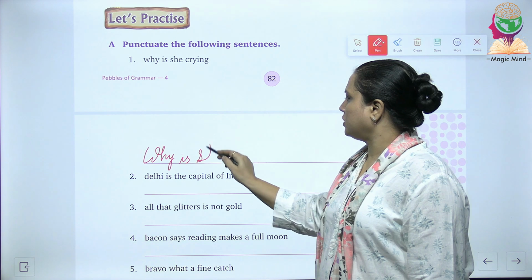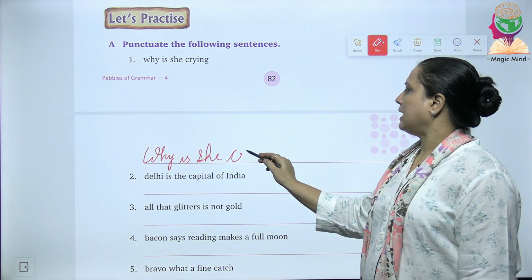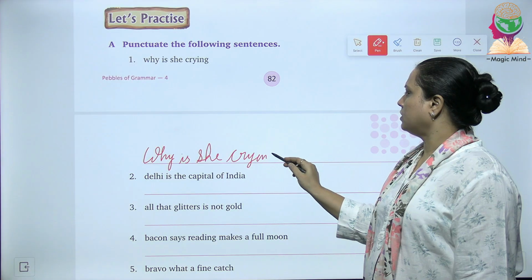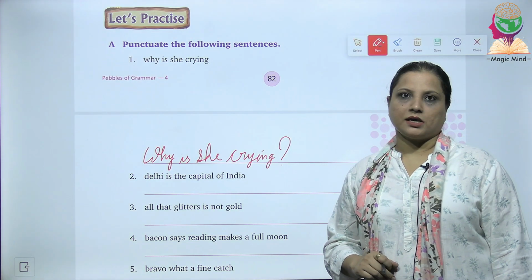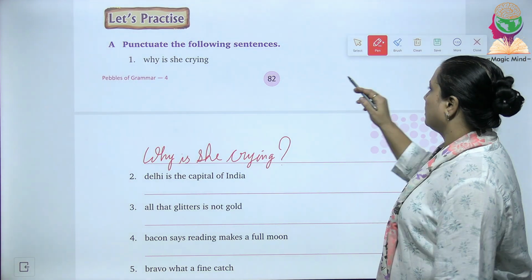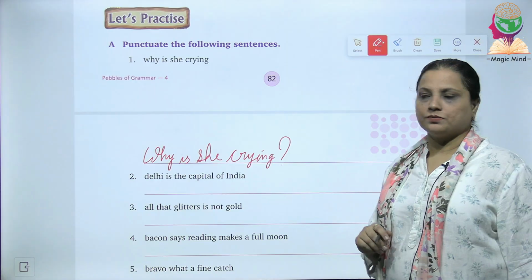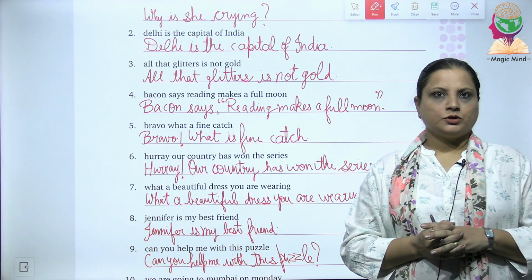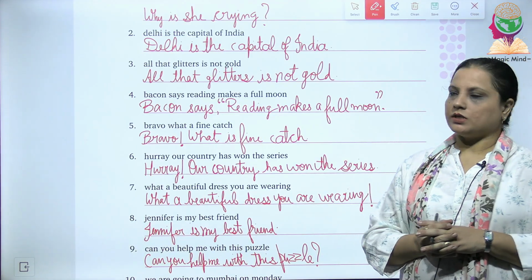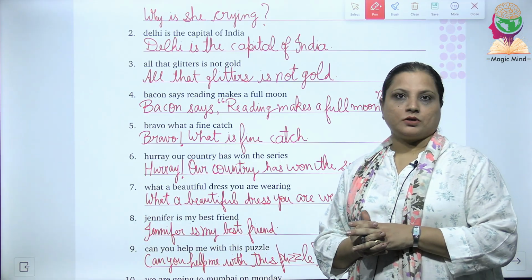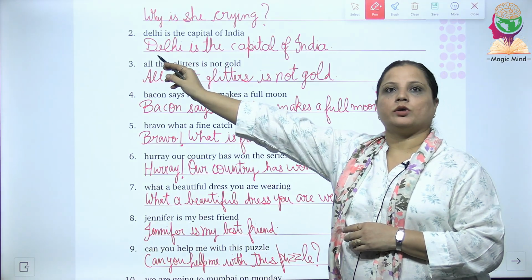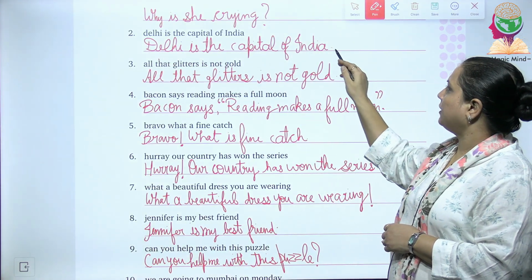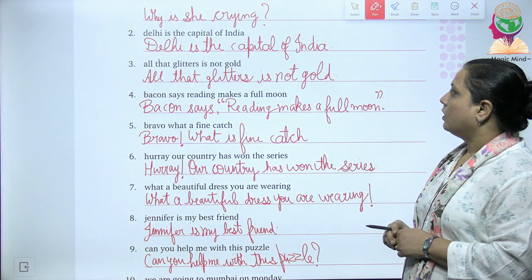And since it's a question, we will put a question mark. Then on the next page, number 2, the second statement is, Delhi is the capital of India. In this sentence, first we'll begin with capitals, then we'll end it with a full stop.